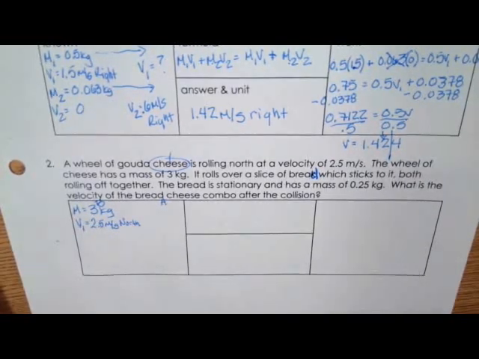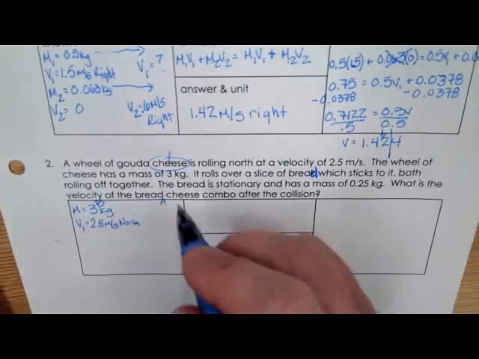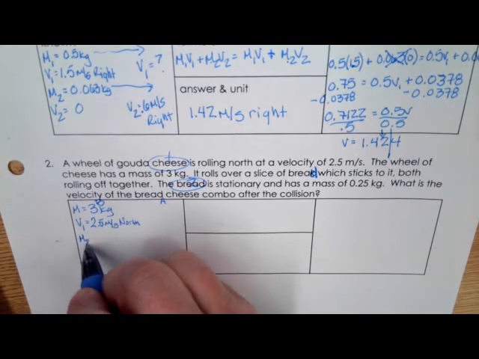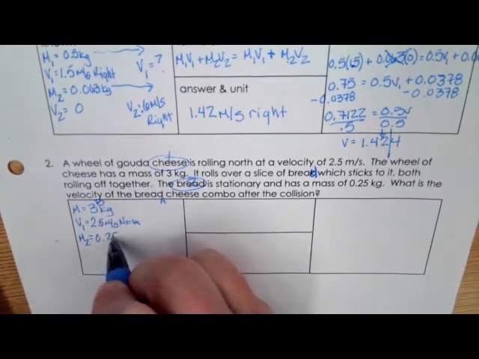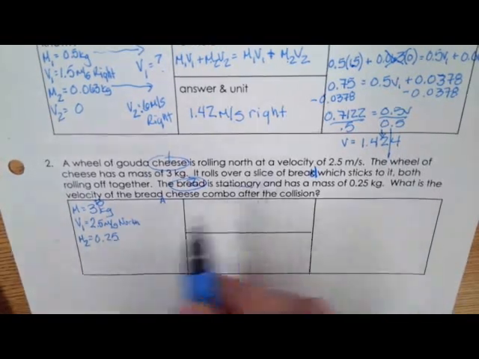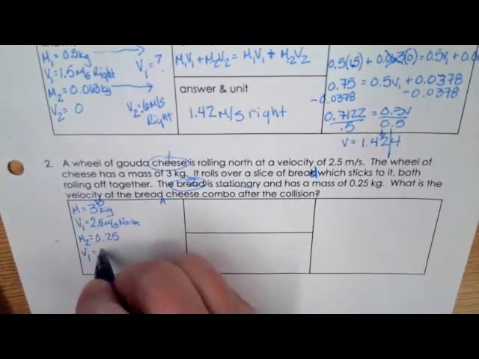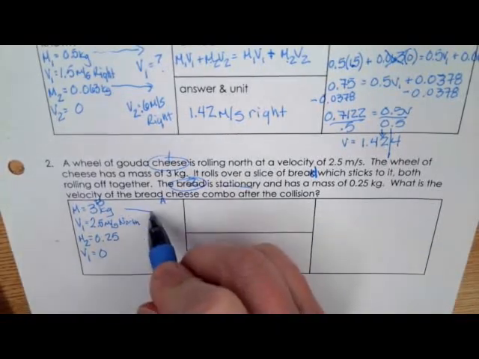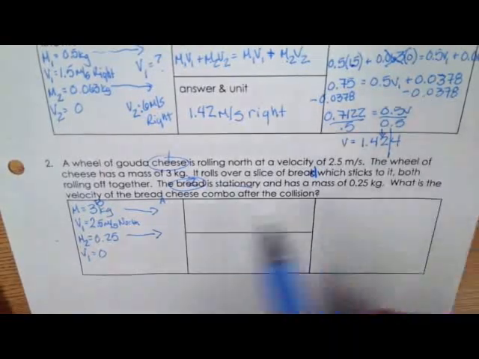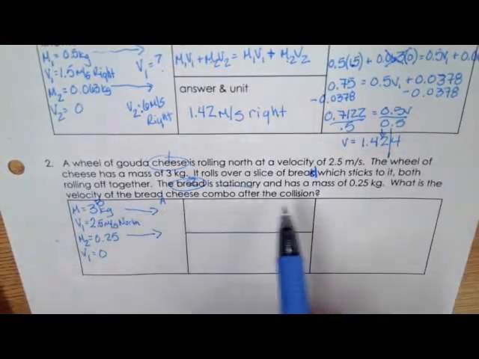So we already know that we're going to use the second formula from the top of the page, where the two masses have to be added together. The bread is stationary, so the bread is going to be object 2. The bread, m2, has a mass of 0.25, and it's stationary, so the velocity of the bread is 0. The masses are going to be exactly the same after, but we need to find the velocity of the bread-cheese combo.